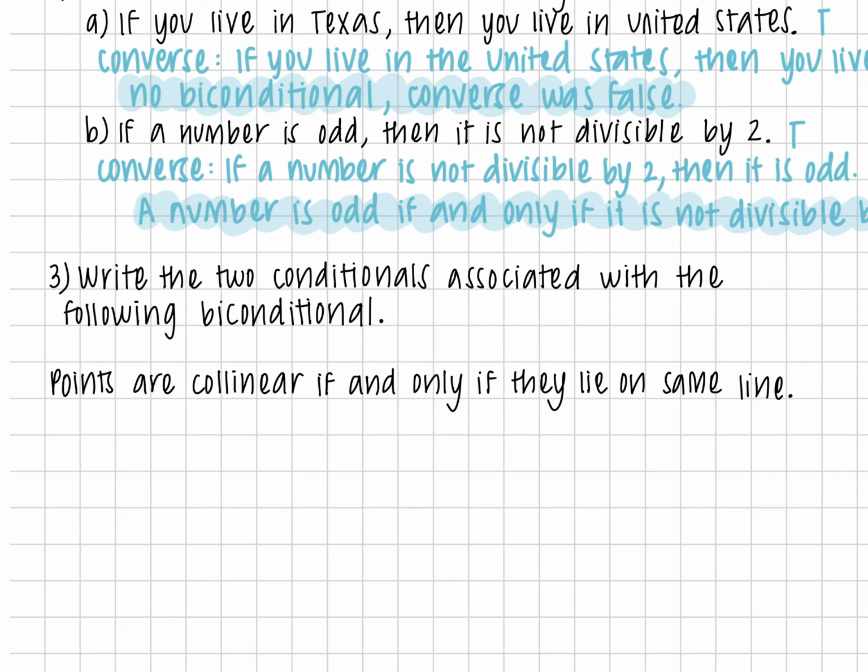Well, we need our conditional to be true, and we need our converse to be true. So don't get tricked when they ask for the 2 conditionals associated with it. It's just talking about writing the conditional statement and the converse of that with the biconditional that's provided.